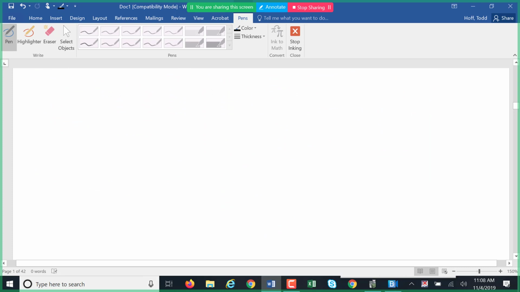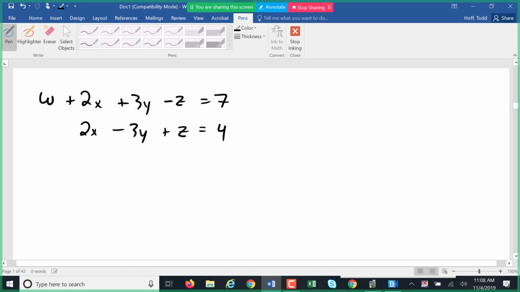So what happens if we have a system that looks like this? w plus 2x plus 3y minus z equals 7. 2x minus 3y plus z equals 4.